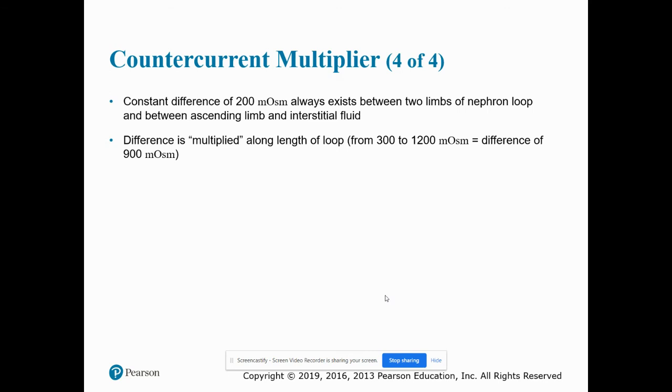There is a constant, and I'm about to show you a picture of this, and hopefully the picture will make more sense, difference of 200 milliosmoles that always exists between the two limbs of the nephron loop and between the ascending limb and interstitial fluid, and the difference is multiplied along the length of the loop.